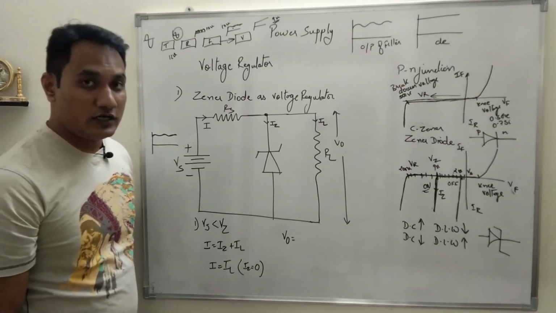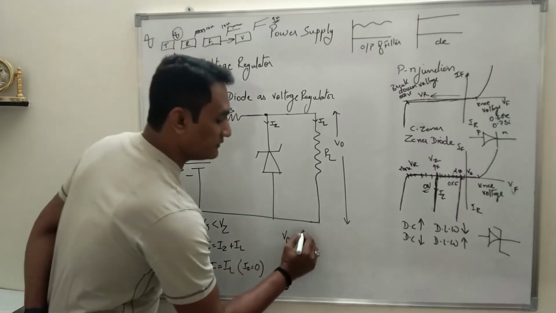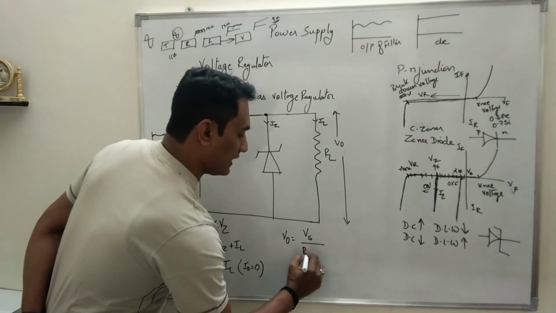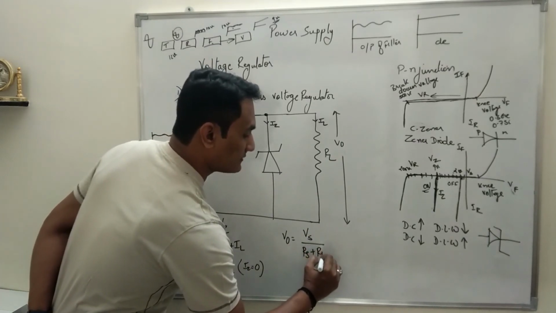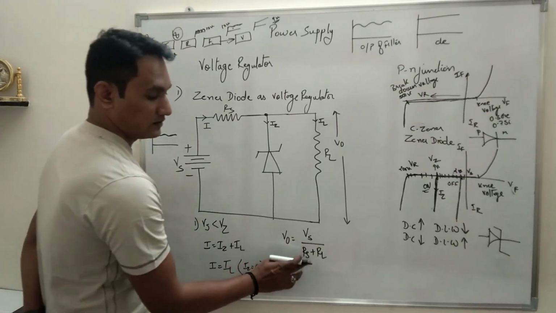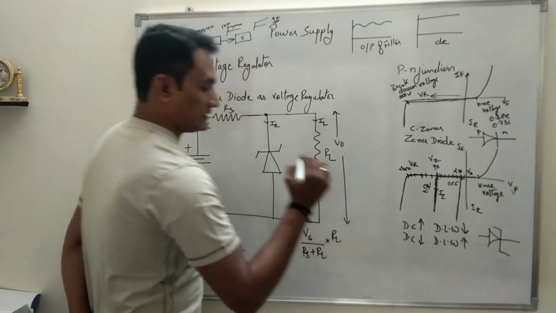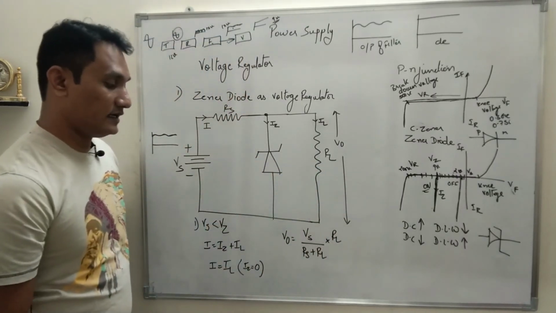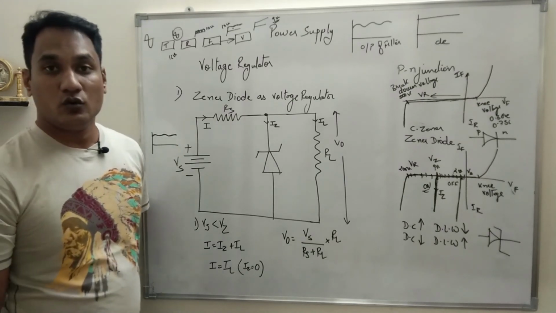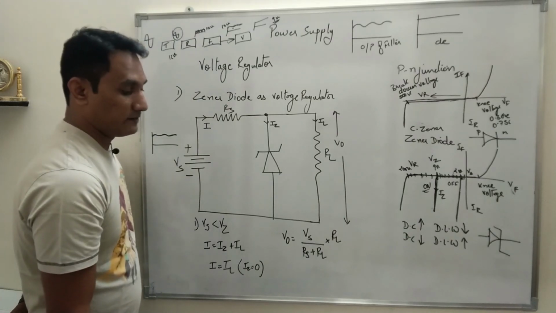The formula for the voltage divider is V0 is equal to the total voltage, which is Vs, divided by the total resistance, that is Rs plus RL, multiplied by the resistance across which the voltage is taken. So it is Vs upon Rs plus RL into RL. This is the output voltage equation.